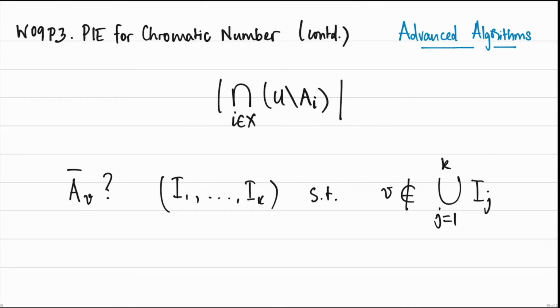And if we were to intersect A_V complement over some V in X, then that means that we're looking at all tuples of k independent sets such that no element of X features in the union. So this condition is true for all V in X, right? So we want to know how many such tuples are there. Take a moment here and see if you can figure out how you can count tuples of independent sets that avoid all vertices in X.